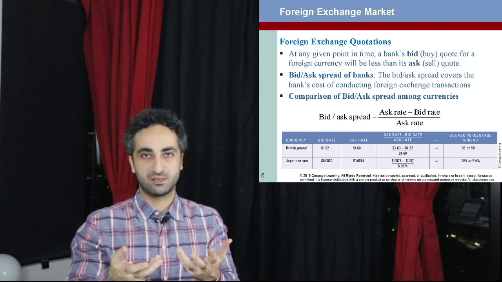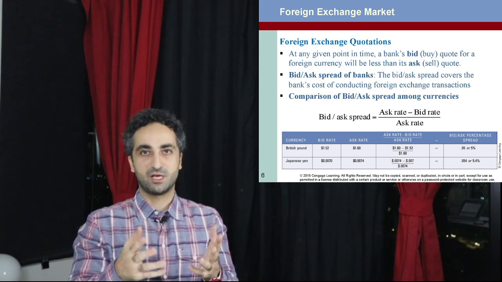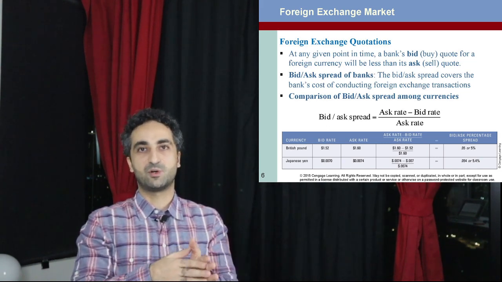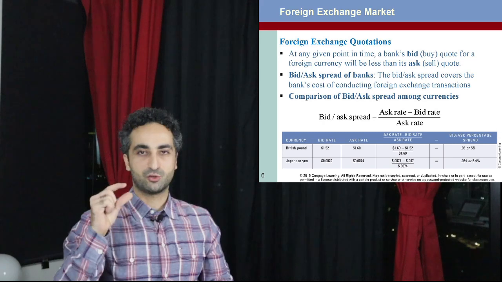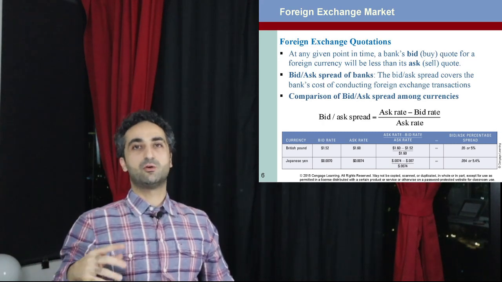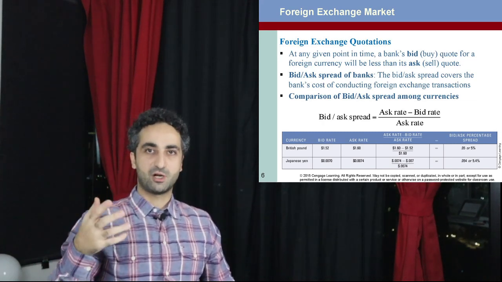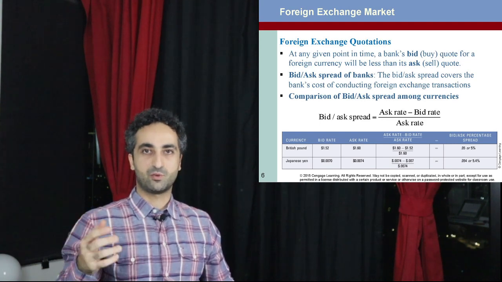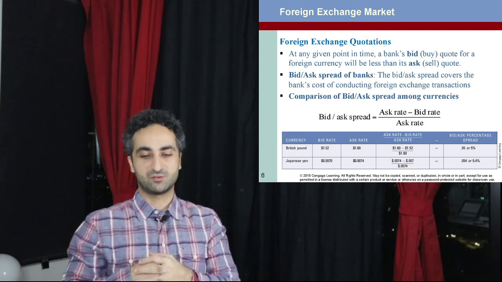Everyone buys and sells bread, high competition, every supermarket offers bread, so you notice the spread is low. Why? Because demand is very high and it's available everywhere. Competition is there as well.